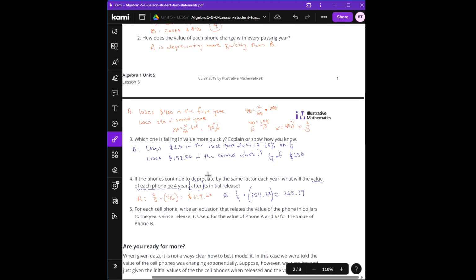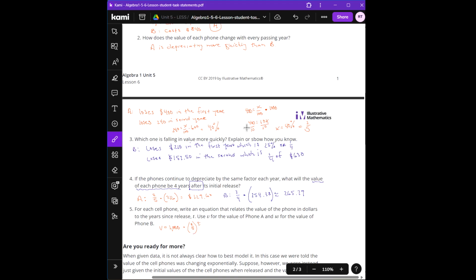And then for each cell phone, write an equation that relates the value of the phone in dollars to the year since release. Use V for the value of phone A and W for the value of phone B. So V is equal to 1,000, that's the initial price, times 3/5 to the power of T, where T is the years.